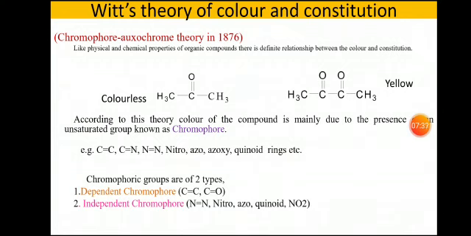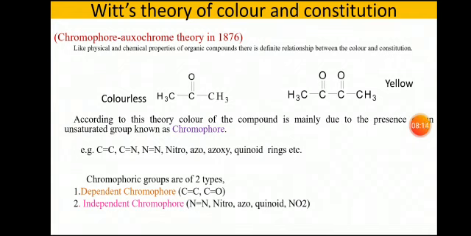See here one example: if only one C=O is present in the compound, it is colorless, meaning it is not making the compound colored. But if two C=O are present in conjugation, then the compound becomes colored. So C=O, which does not give color when present singly, is a dependent chromophore. It depends on another chromophore for color.